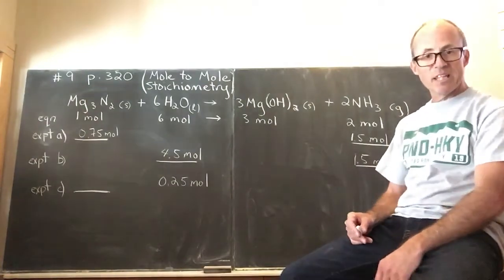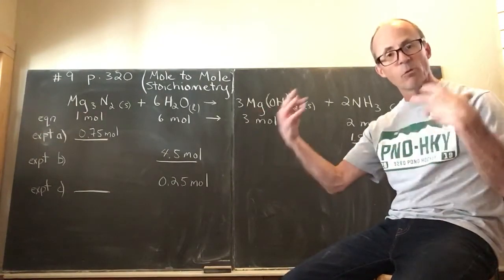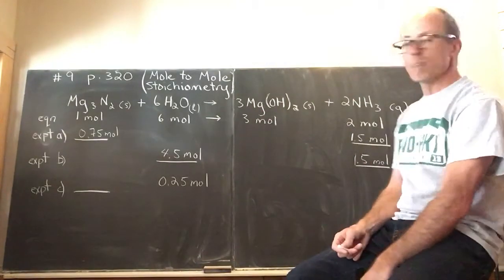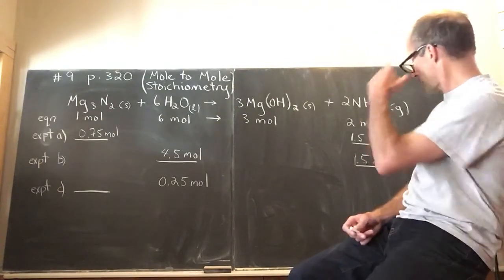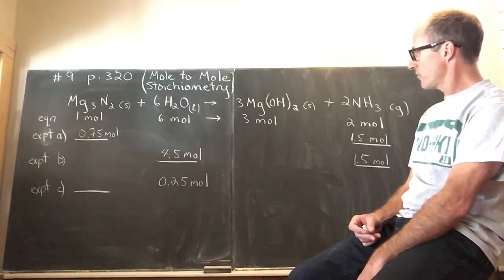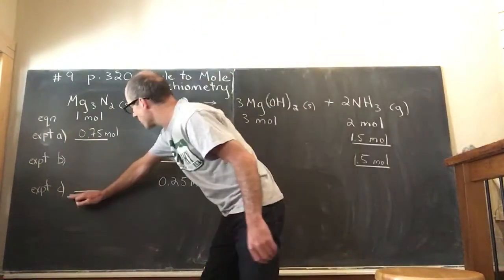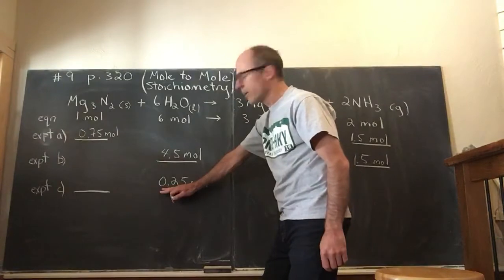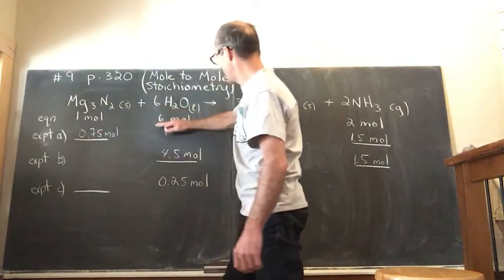Now, in part C, maybe you have to use a calculator. They've made the numbers a little bit less round or easy to come up with. But again, it's very simple. All we have to do is some simple ratio work. So in question C, the question says how many moles of magnesium nitride are required to completely react with 0.25 moles of water. Well, this is a ratio of 1 to 6.